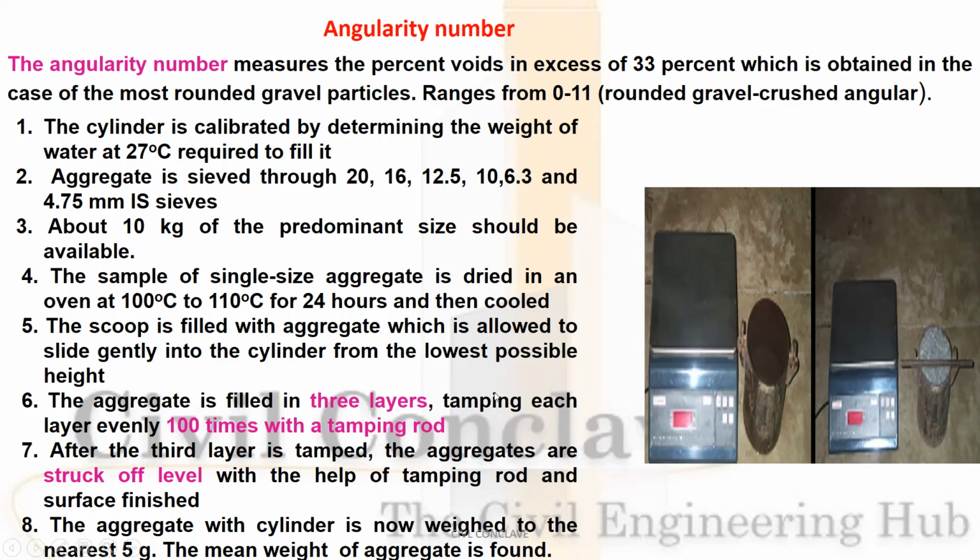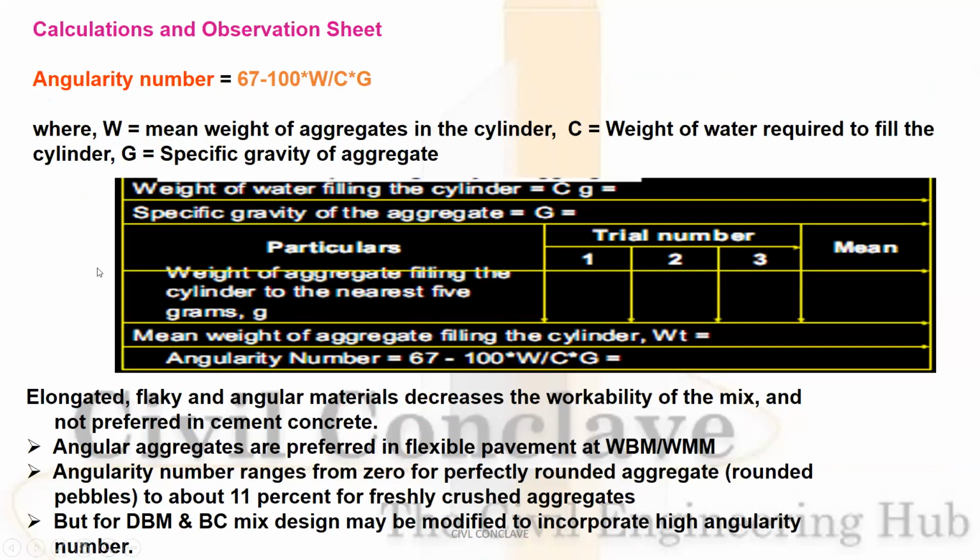Like how we do the cube test, you have to tamp it. After the third layer has been tamped, the aggregate is struck off level. That means the surface level has to be clean. The aggregate with the cylinder is now weighed to the nearest 5 grams. That means the weight of the aggregate has been found out.